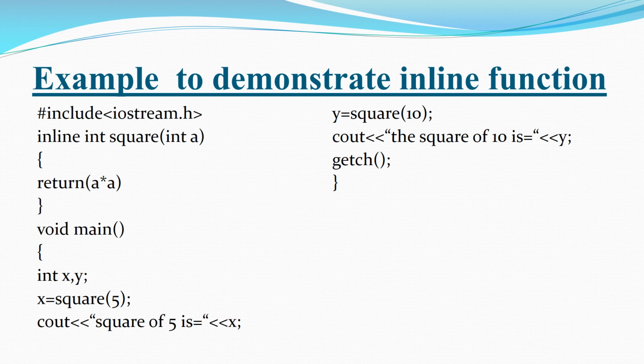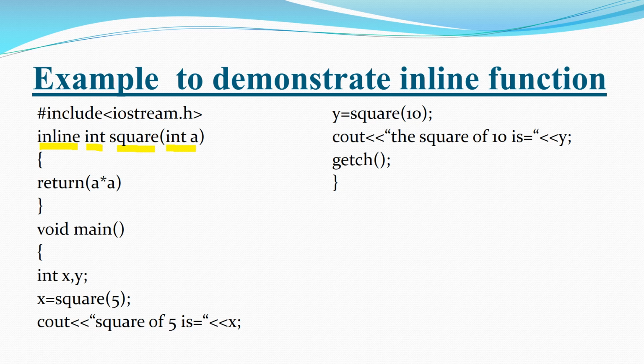Here, I have created an inline function using the keyword inline, followed by a return type and the inline function name. My inline function name is square. In this function, I am going to pass a parameter int a.